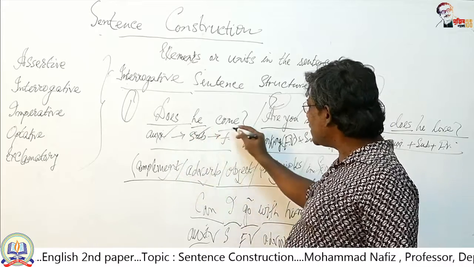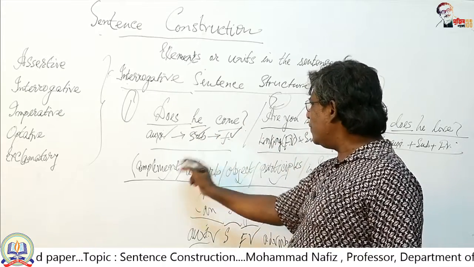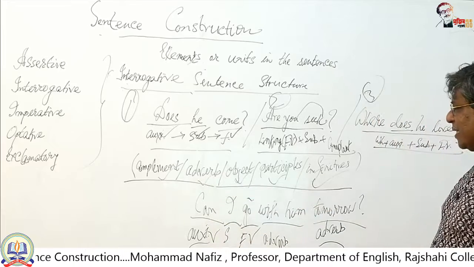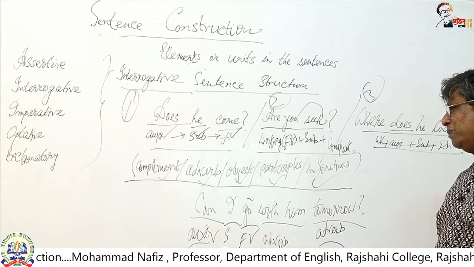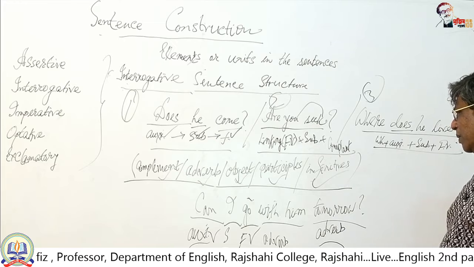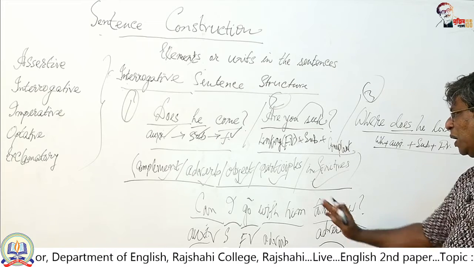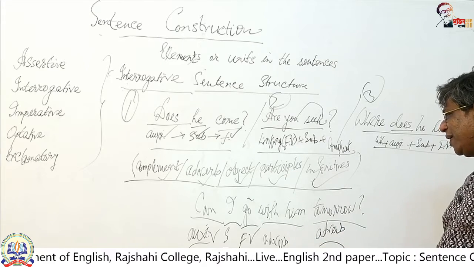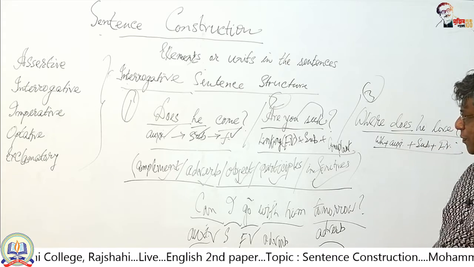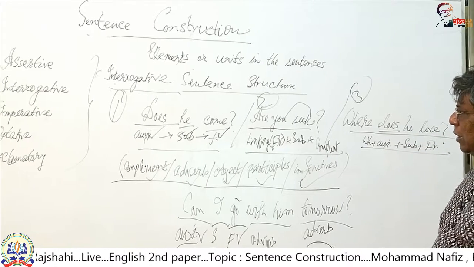Auxiliary verb, subject, finite verb, and then, as I have told, either of the units: complement, adverb, objects, or participles or infinitive. We have two different adverbs at the end of this sentence.